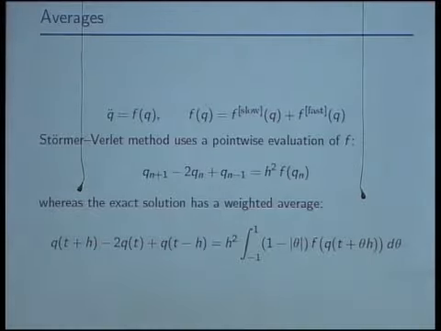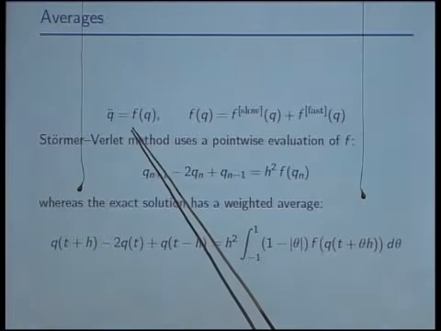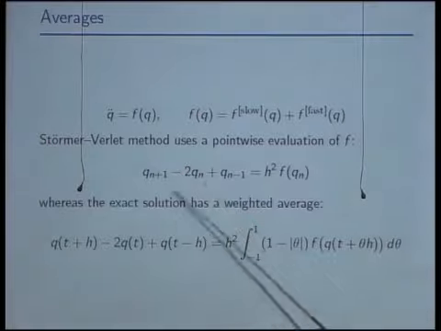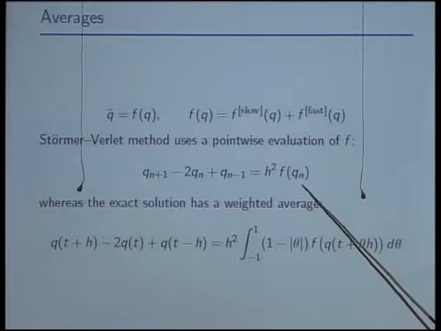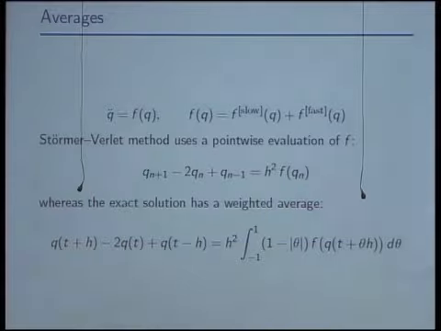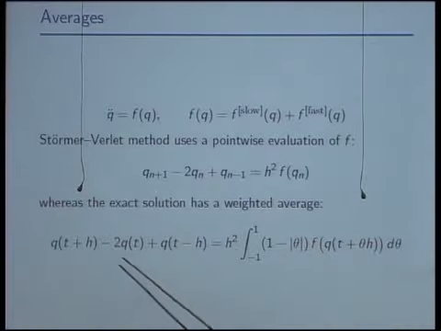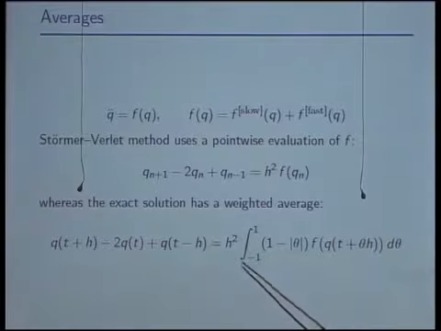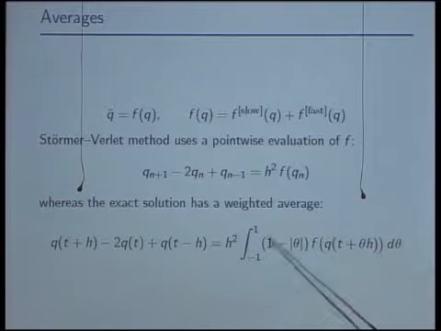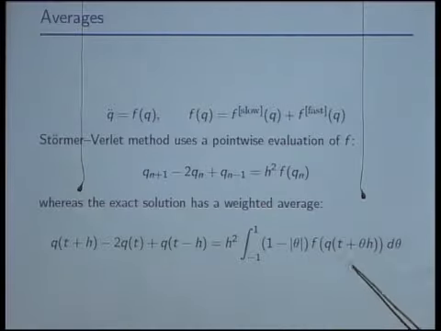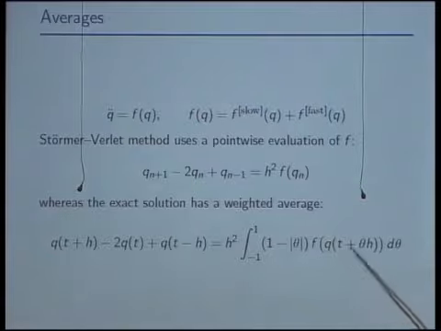And now a standard method for second order differential equations would be the Störmer-Verlet method, written down here, which of course just makes a pointwise evaluation of F. On the other hand, if we look at the corresponding formula for the exact solution, written down here, then just for the remainder term of Taylor's formula, we see that instead of a pointwise evaluation, we should have here an average of F along the solution on this interval between t minus h and t plus h.